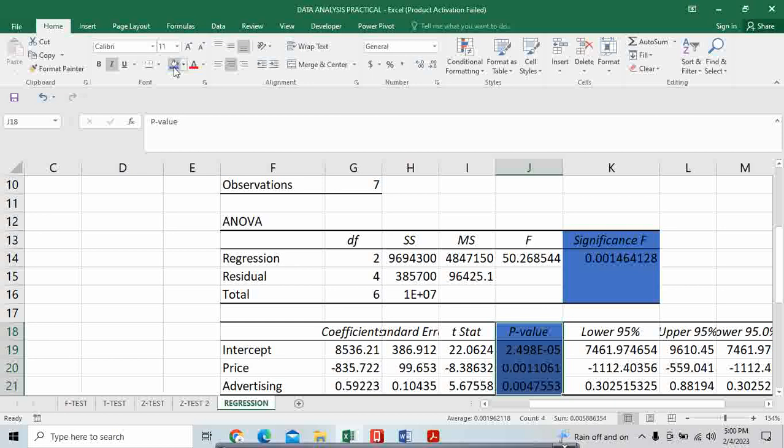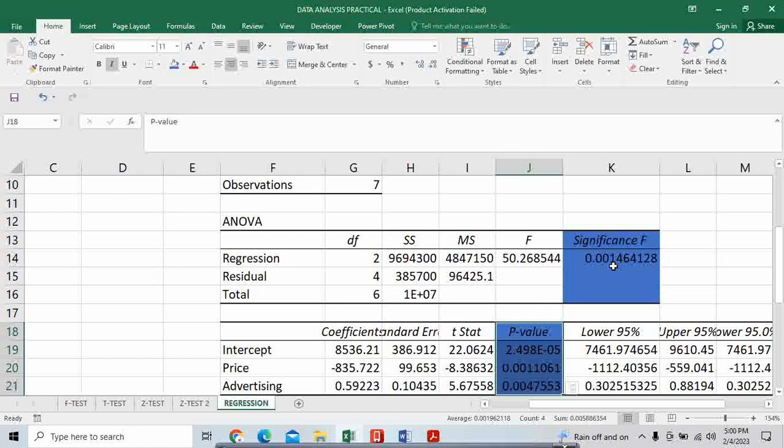So now let me explain them very well. To check if your results are reliable or statistically significant, we need to look for significance F. And significance F in this case is 0.001. Now hear this. If this value is less than 0.05, which is the alpha value, then we are okay.